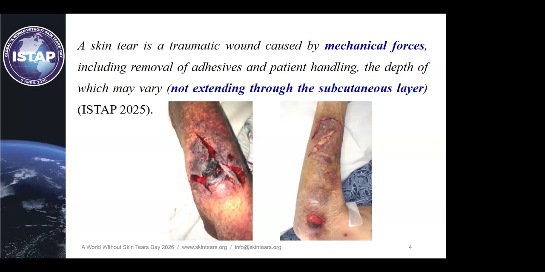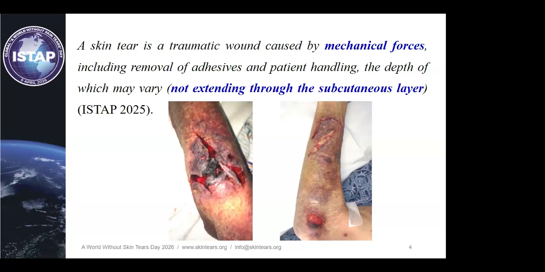With regards to the etiology, it emphasizes the importance of iatrogenic causes such as mechanical forces, which includes patient handling and medical adhesives. With regards to the anatomical extent of the skin tear, it involves the three different layers of the skin, but it does not emphasize the thickness of the skin.